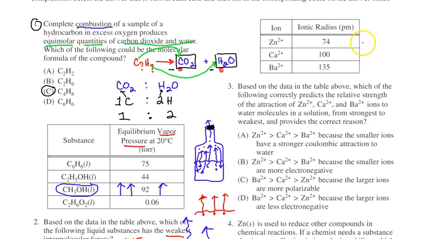So in this question, at number 3 they're giving us the ion charge and, of course, the ionic radius. And based on the data table above, which of the following correctly predicts the relative strength of attraction of these ions to water molecules? Now we know that water molecules have a negative side and a positive side, and they're bent and they're sp3 hybridized and all that good stuff.